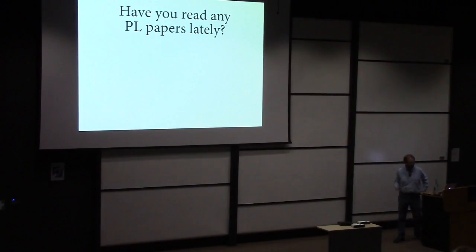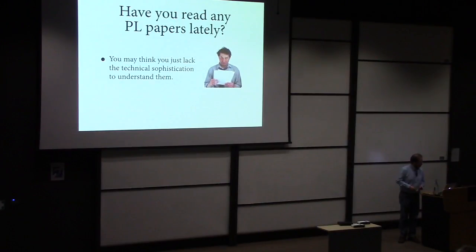So I'm a tenured faculty member. I've been reading papers for a long time, and nevertheless, I'm still totally confused half the time when I'm reading, especially when I'm reviewing papers for conferences like this.